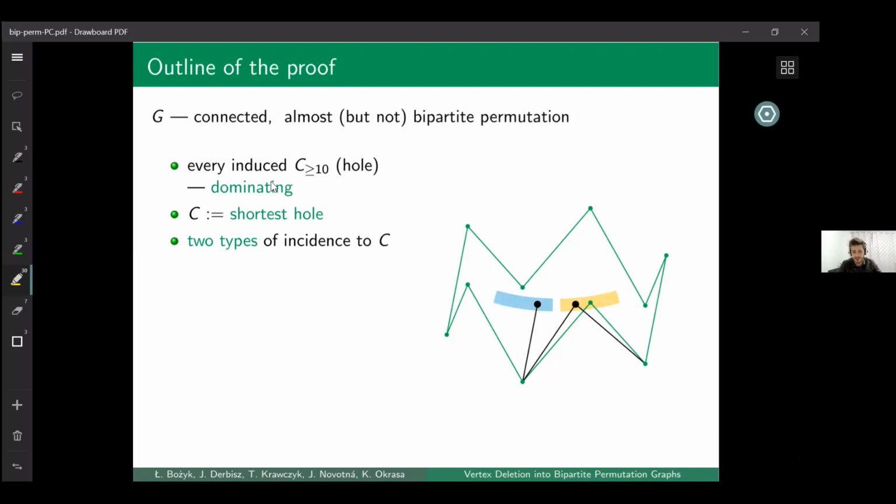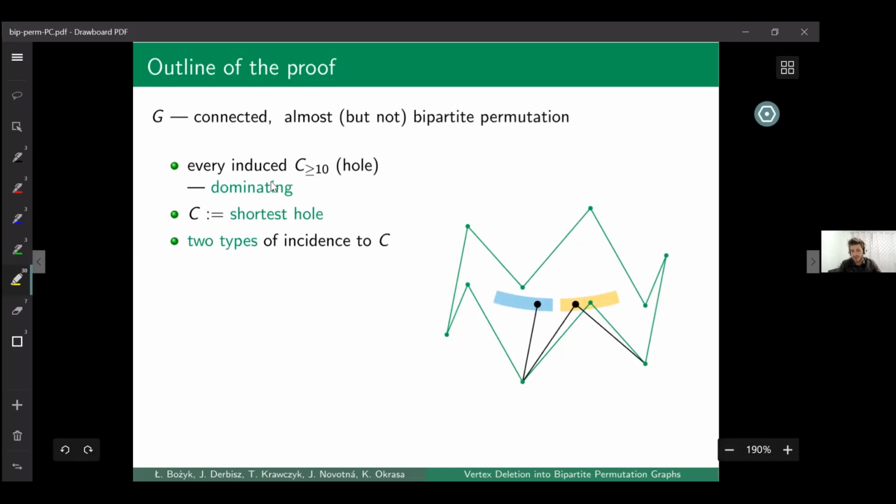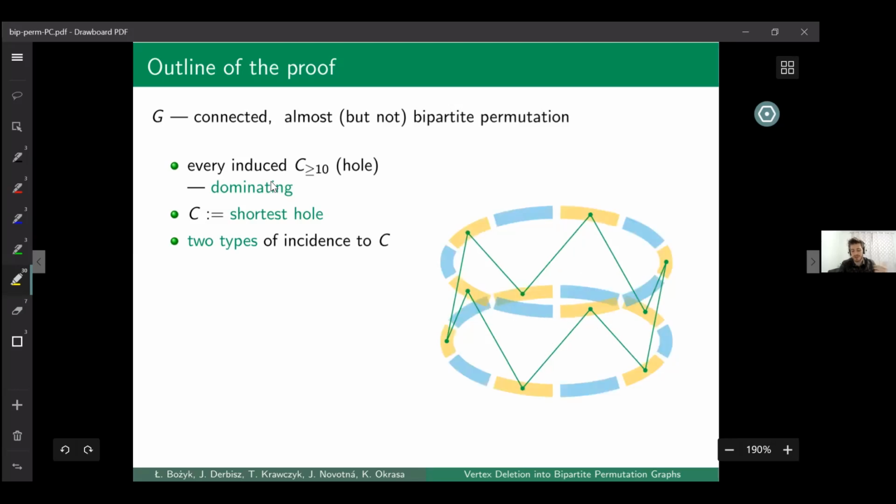So this is quite a strong structure, and this allows us to partition all the remaining vertices into classes like this. If the shortest hole had odd length, then you would have a half twist somewhere around, and it would resemble this Möbius strip structure.